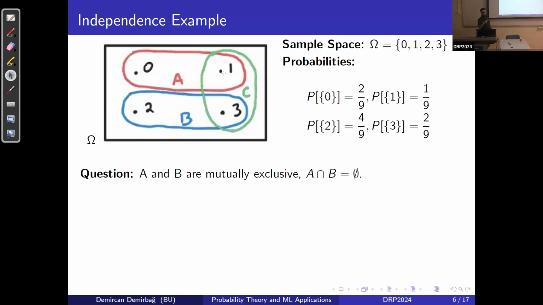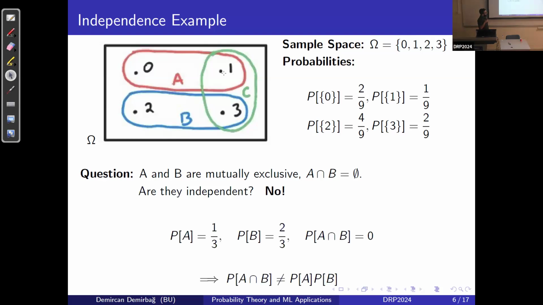Can we say they are independent? By the definition I gave, it turns out no, because their intersection is the empty set. The probability of it is zero. The probability of A is calculated by adding the probability of 0 and 1, which is 1/3, and similarly for the probability of B. And we see that 0 is not equal to 2/9.